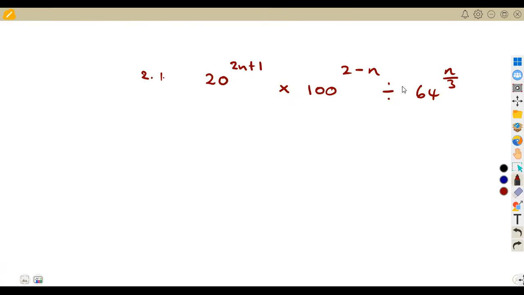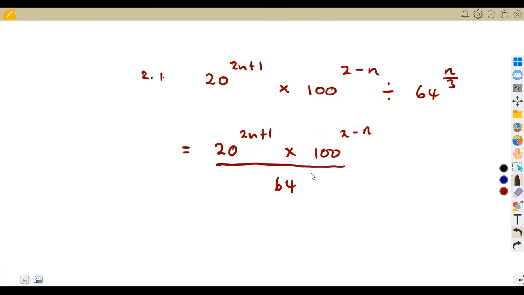Okay, let's first consider the division. As we know, always when you've got a division, write it in a way that you understand it. So this here is the same as 20 to the exponent of 2n plus 1 multiplied by 100 to the exponent of 2 minus n, and everything like this is being affected by 64 to the exponent of n over 3.